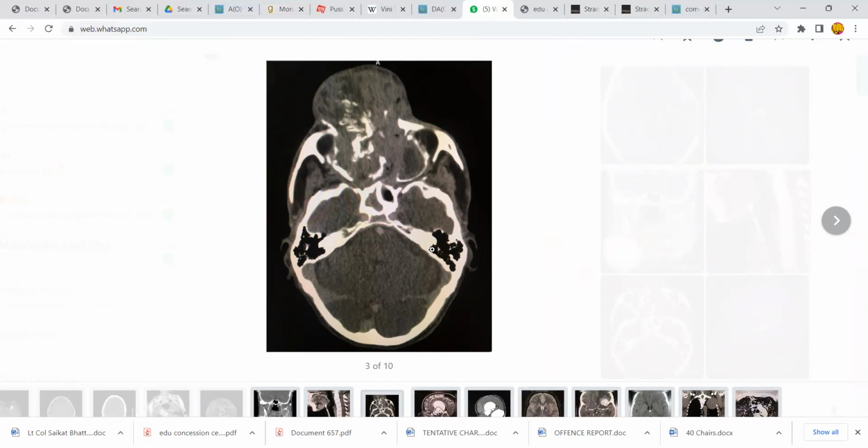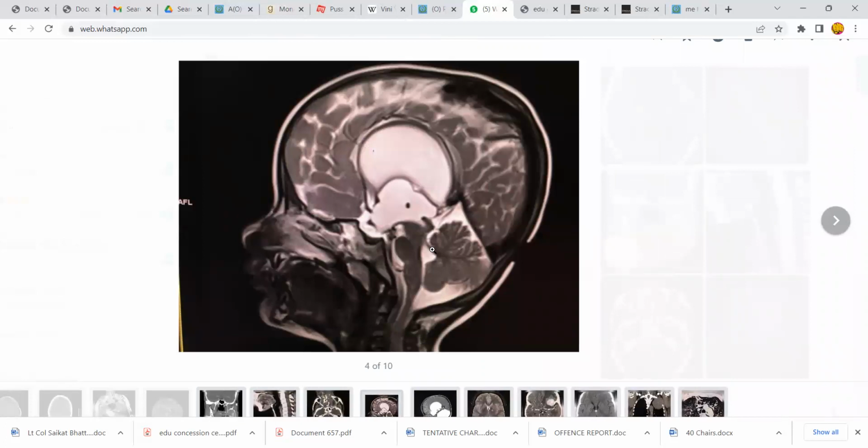Nasopharyngeal carcinoma. Yogesh, Nidesh? Anyone? Aqueduct stenosis. Excellent, very nice.